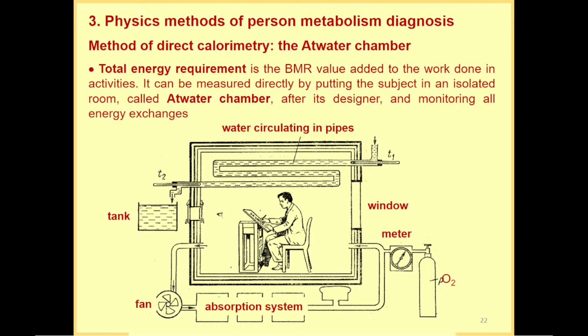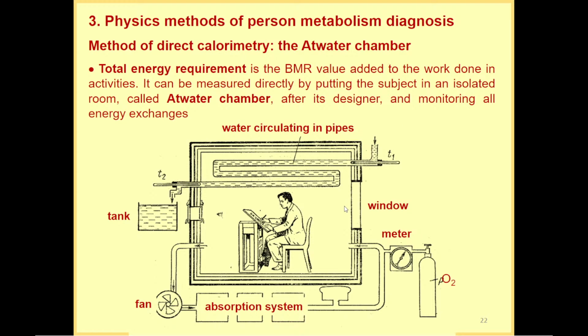And there are two methods to control the intensity of metabolism. The first method is direct calorimetry. This requires the Atwater chamber. And look, what is this?